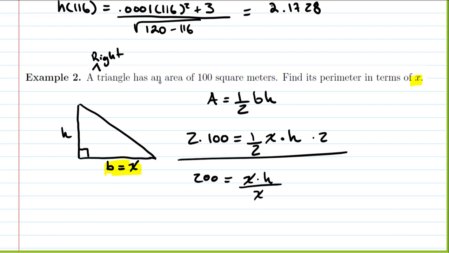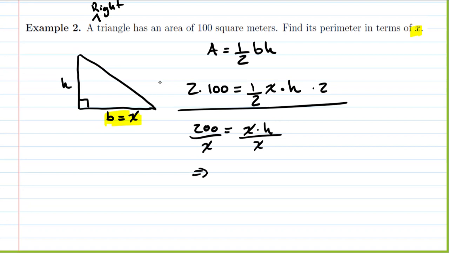I divide by x on both sides, and that gives me h is the same as 200 divided by x. So then we would know this side is 200 divided by x.